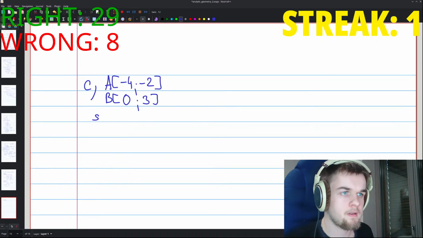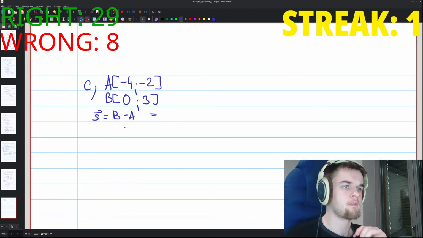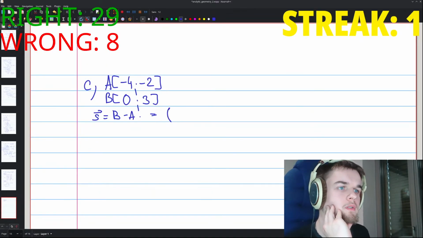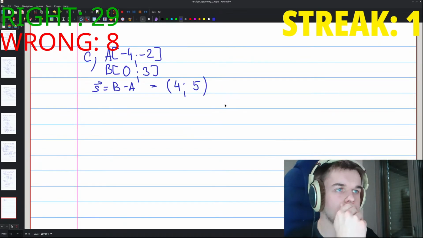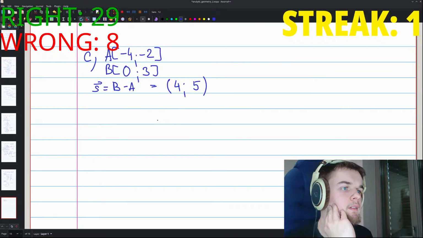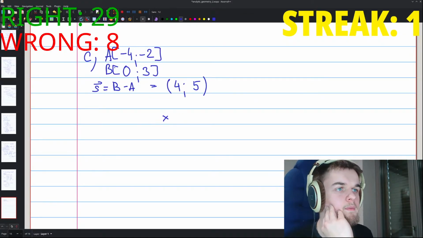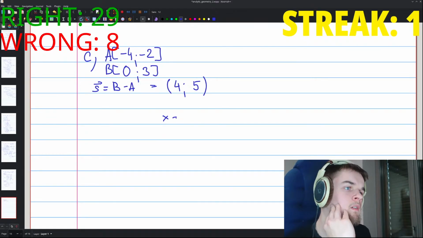Yes, once again, just do the directional vector B minus A, which is equal to 4, 5. And now just do x. Now we can actually try to use this.